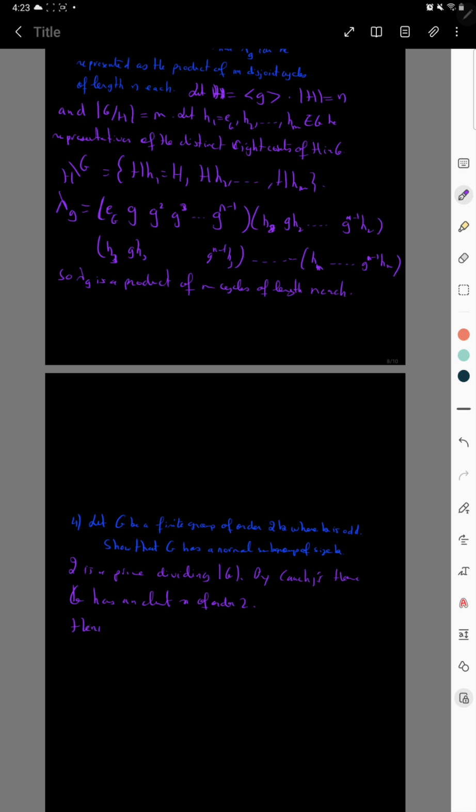Hence, lambda x is a product of k cycles of length 2 each.